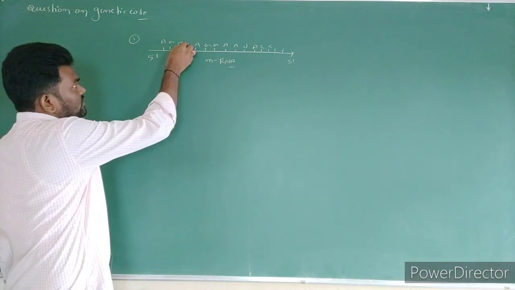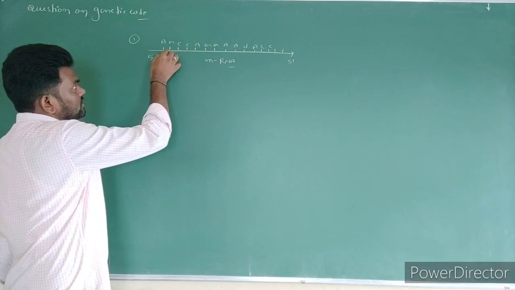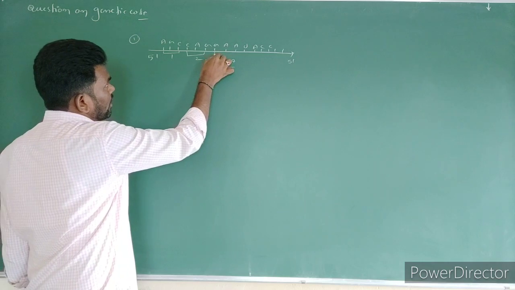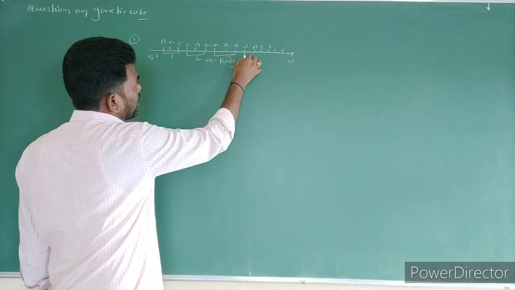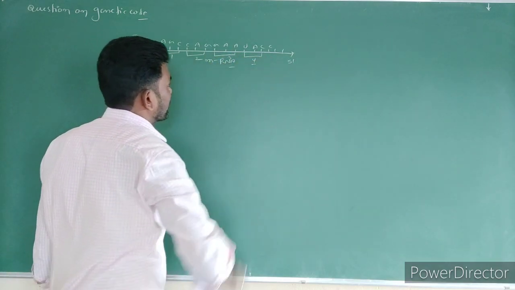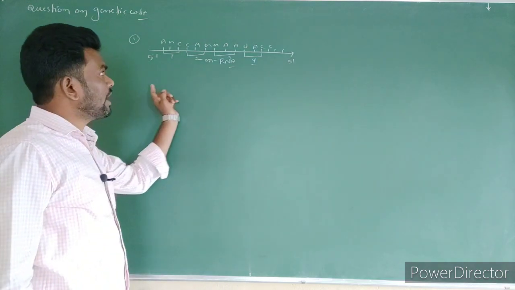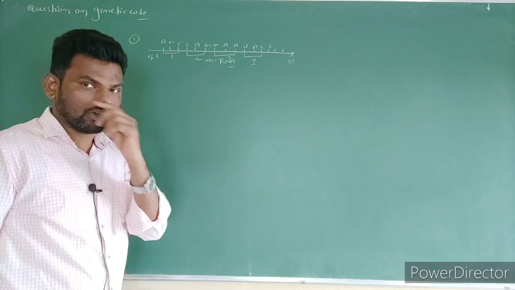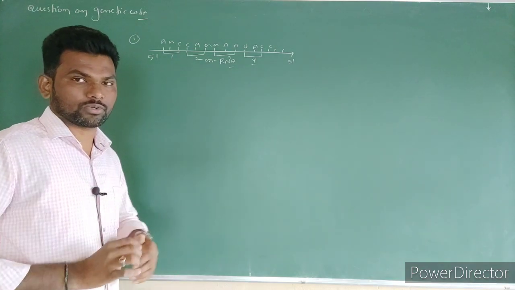The first 3 is the first codon, then the second codon, third codon, fourth codon. It means how many amino acids are going to form on this mRNA? 4 amino acids are going to form on this mRNA.